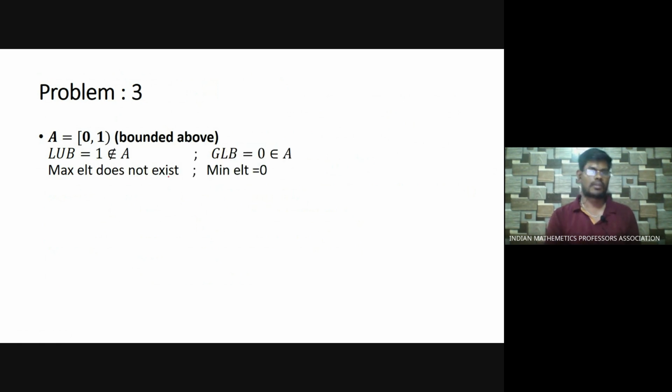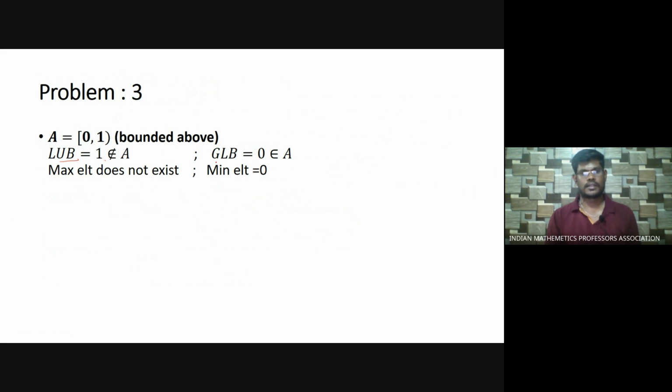The third problem. The half closed interval [0, 1) is bounded above. Here we have a least upper bound value of 1, but it's not in our set, since this is open at that end.